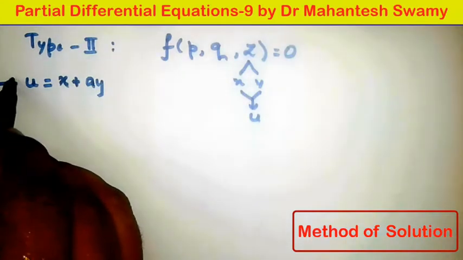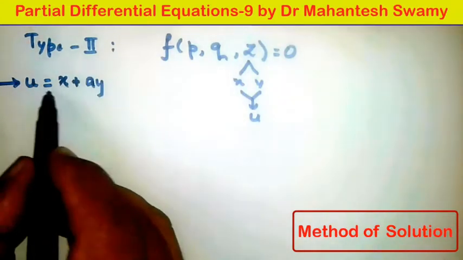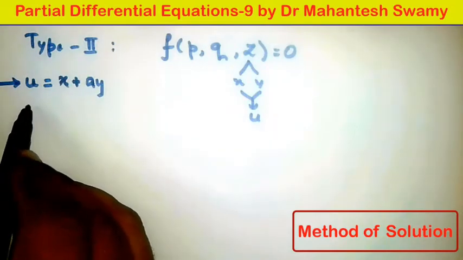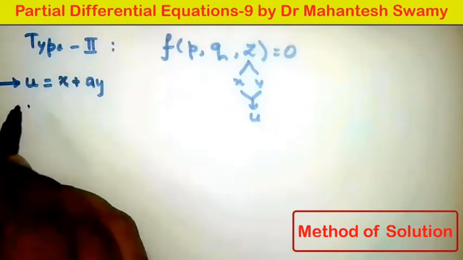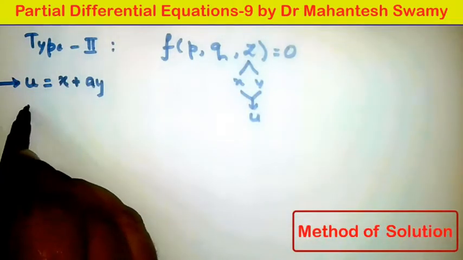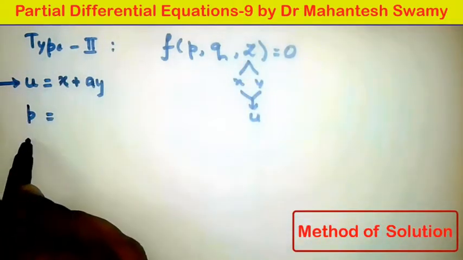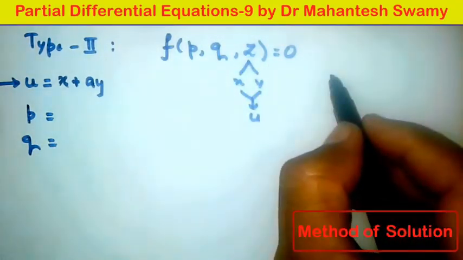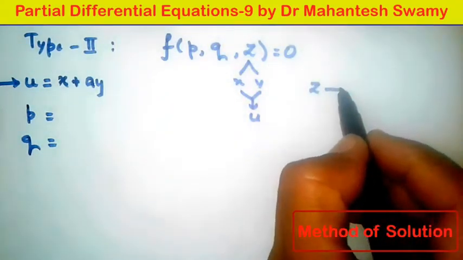This is an important substitution. Before going to find the values of p and q, we have to identify one important thing over here. What is that? z is a function of x and y.